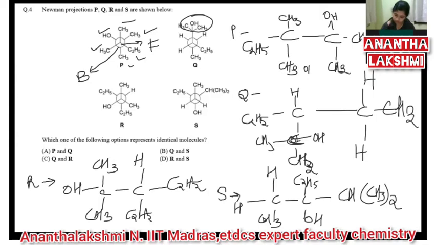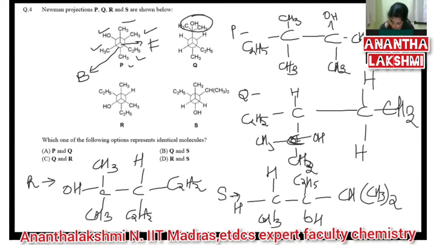Now we have to find the identical molecules. For the first carbon in P, it's CH with 2 CH3 groups and 1 ethyl group, C2H5. First we'll see if we can find any carbon anywhere else with this configuration, which has 2 CH3 and 1 C2H5 attached to it.